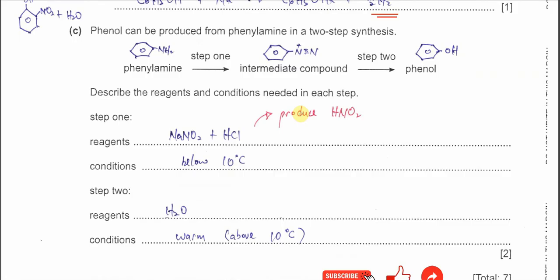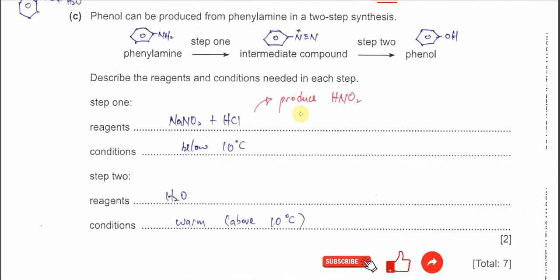Okay, for the last part, part C, phenol can be produced from phenylamine in 2 steps. Phenylamine forms an intermediate, then forms phenol. We know that it can form through the diazonium ion, because phenylamine can produce the benzene diazonium ion, and this will undergo hydrolysis and form phenol.